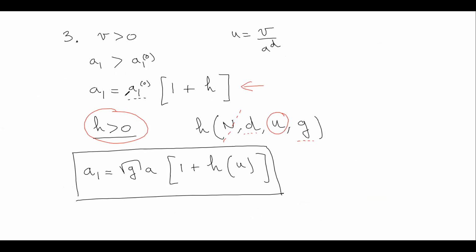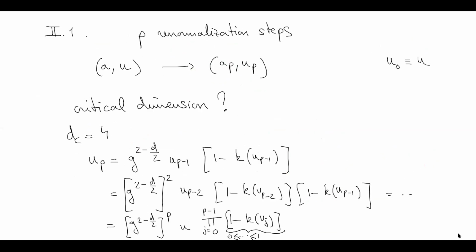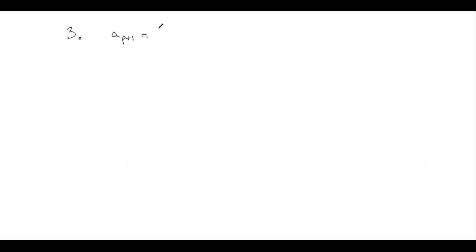So you have this square root of G, the A at the previous level, and then this rescaling function. So you're right. It scales like square root of G times the A at the previous step, and then you multiply this by 1 plus H, the same function, evaluated at U.